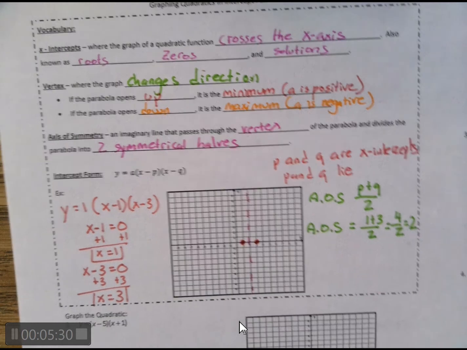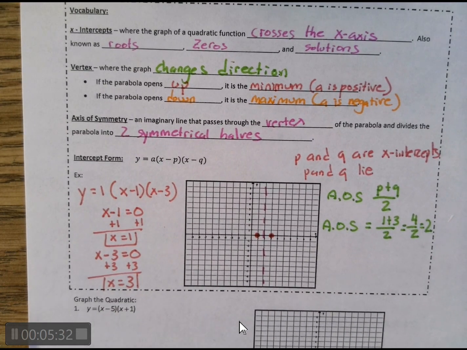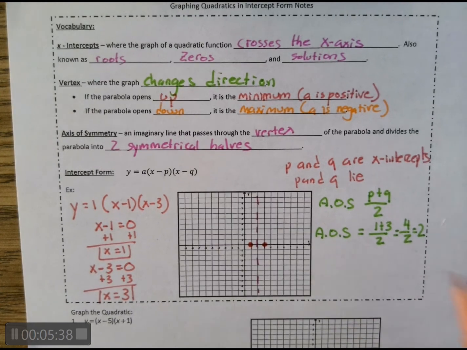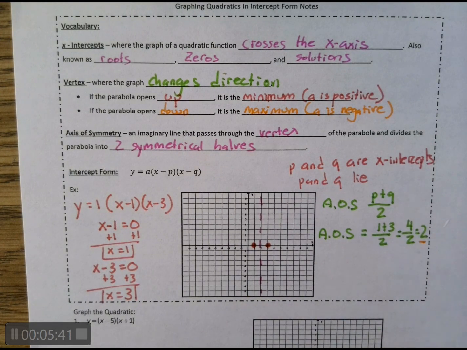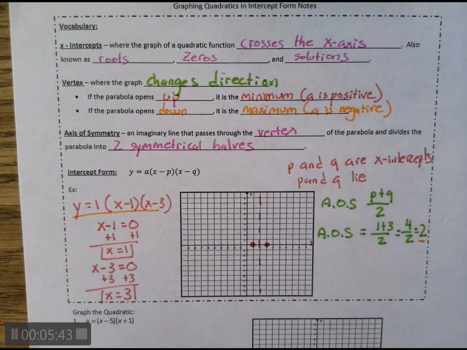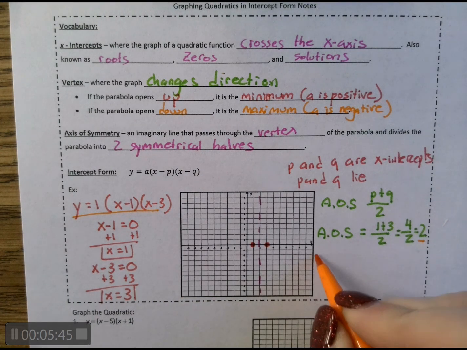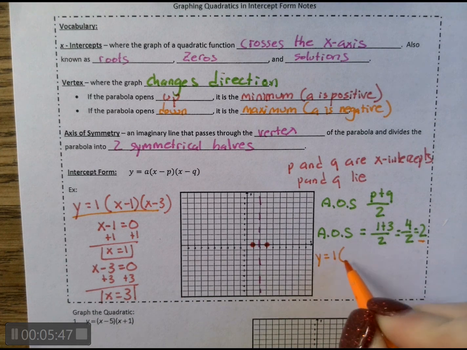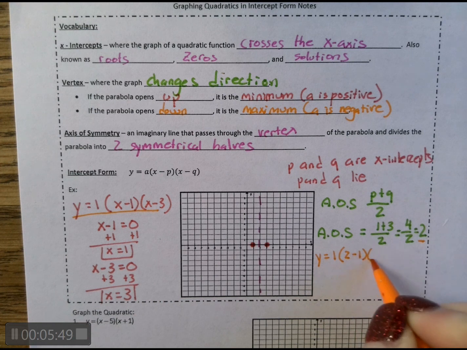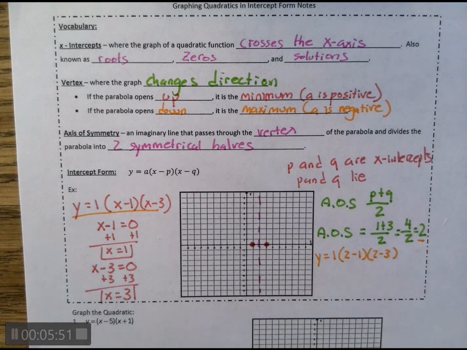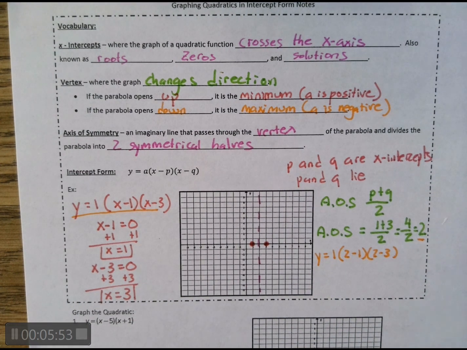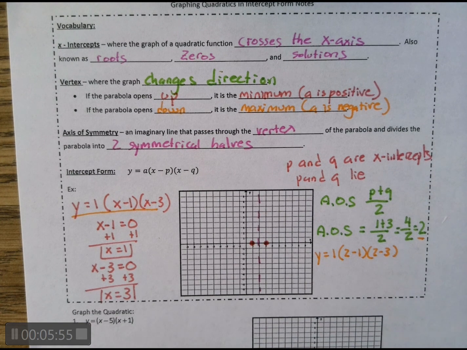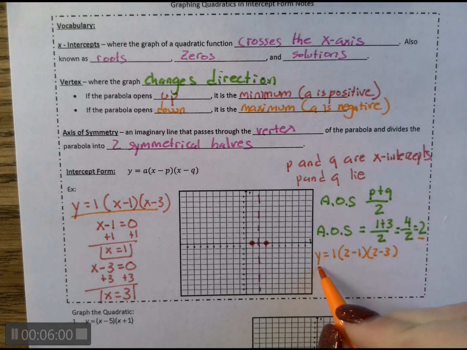Alrighty, and then to find our vertex, well, luckily for us, that's the exact same process as it was previously. We are going to substitute in our axis of symmetry into our equation. So I have y equals 1 times 2 minus 1 times 2 minus 3. Okay, so remember your PEMDAS. Do I have things to do inside of my parentheses? Absolutely I do.